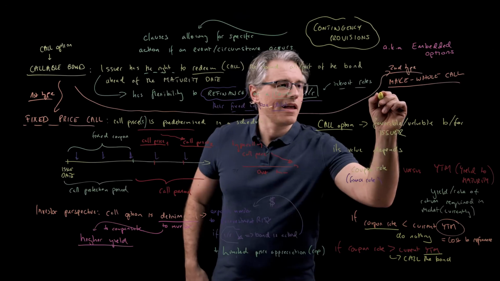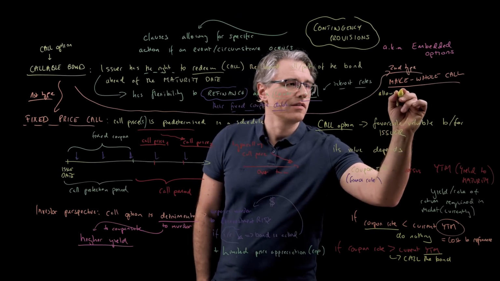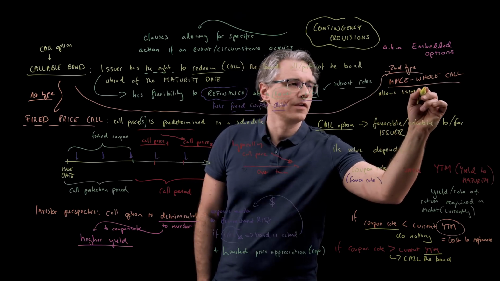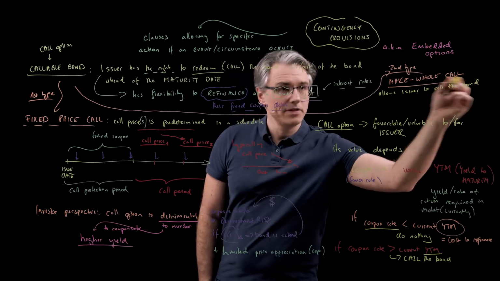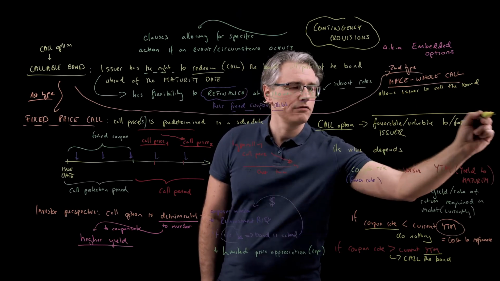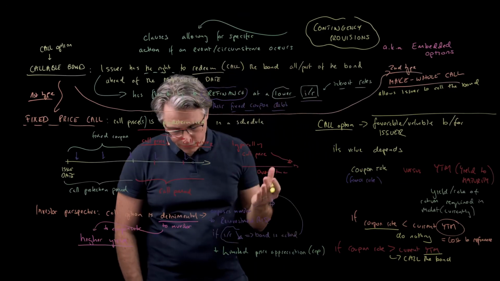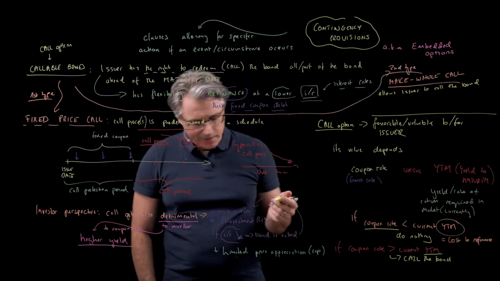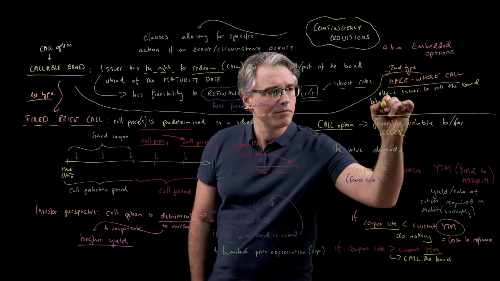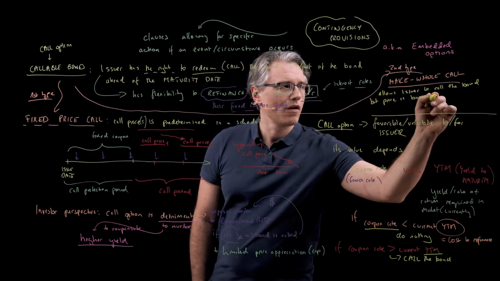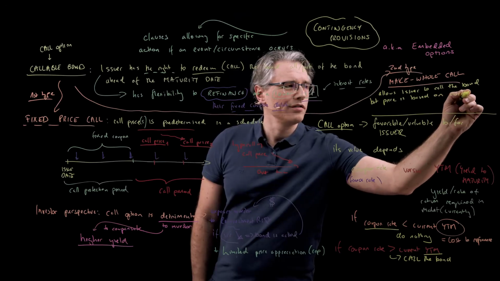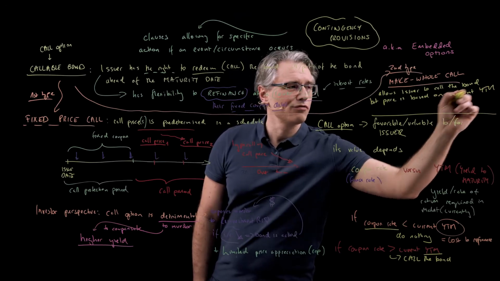This one allows the issuer to call the bond, so once again, redeem it ahead of the official schedule or the official maturity date, but the price is based on current yield to maturity.